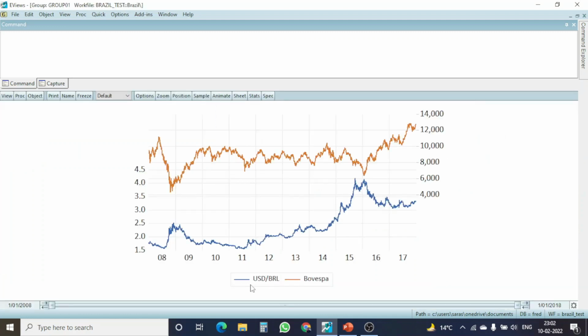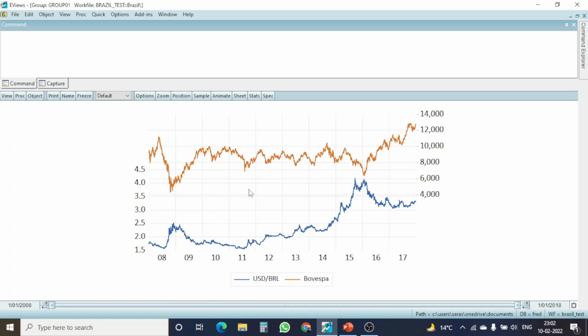On this graph, the blue line is the exchange rate against the USD, and the other one is the Bovespa, which is the index value of the stock market of Brazil. We can see that whenever the exchange rate decreases, meaning the value of the Brazilian local currency is increasing against the US dollar, the market comes down and vice versa.